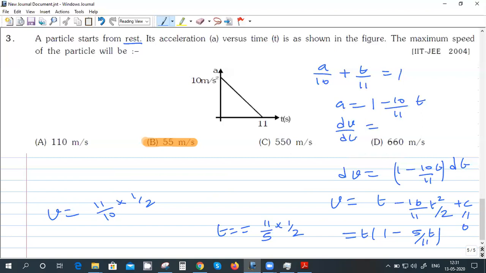That's correct, 11 by 10. At this time, 11 by 10.